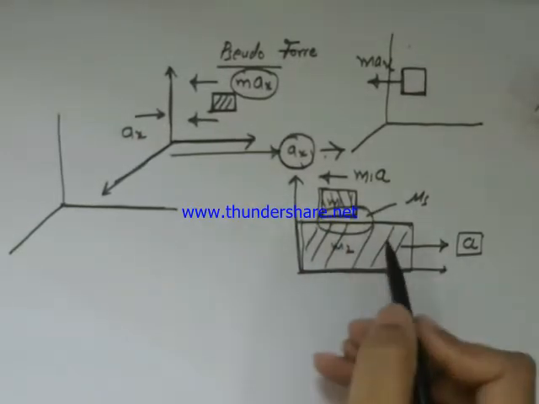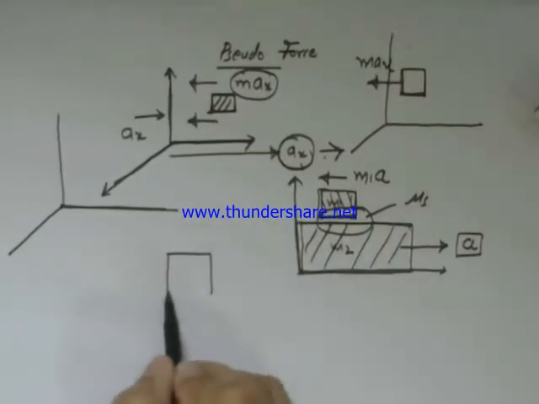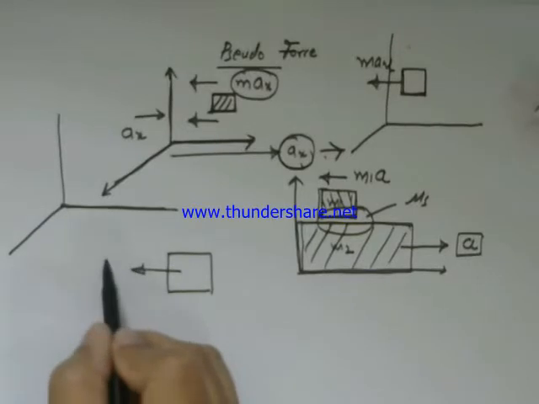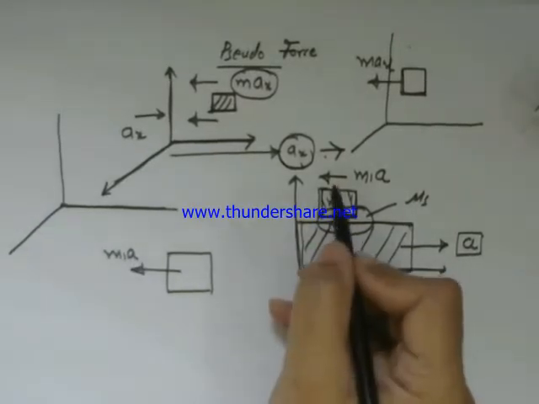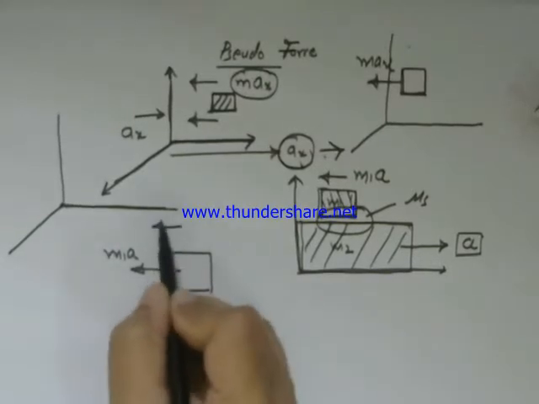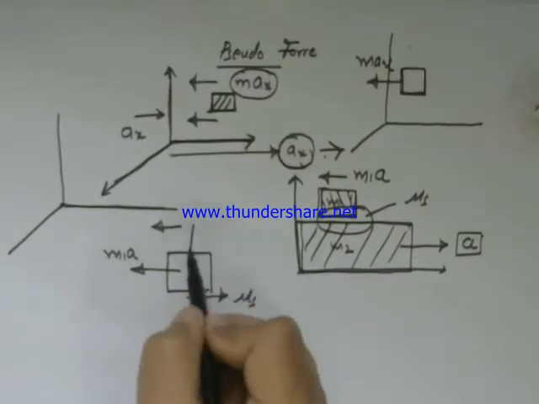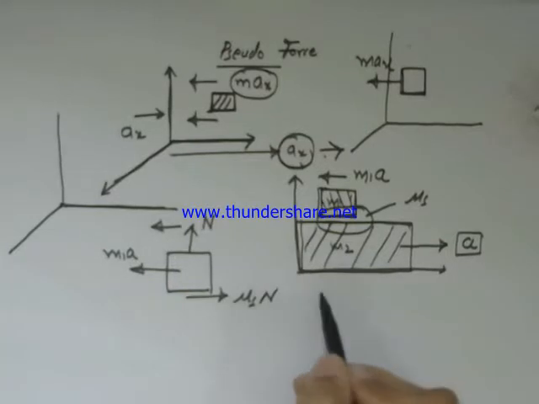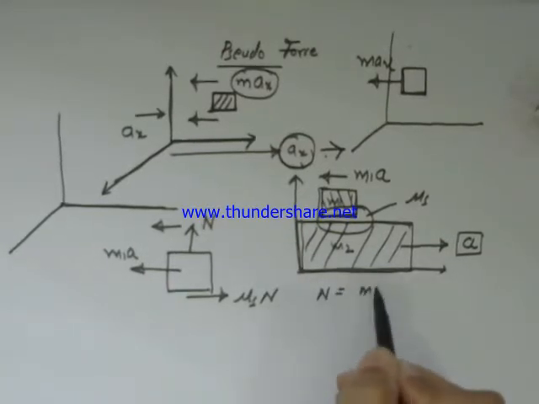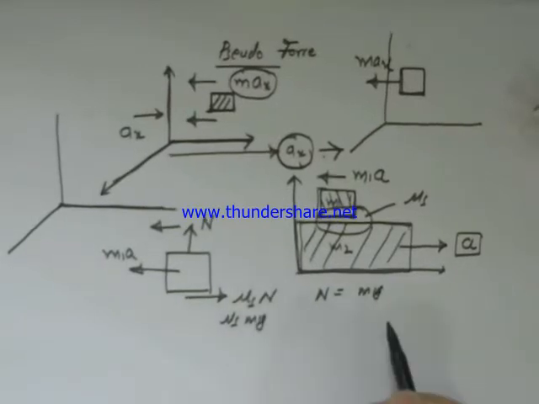Now just see what the forces on m1 are. The forces on m1 are m1a, which is the pseudo force, and since this force is trying to push the body in this direction, a frictional force will act on it, which is mu s times the normal reaction n, and n was equal to m1g, so it is mu s m1g.